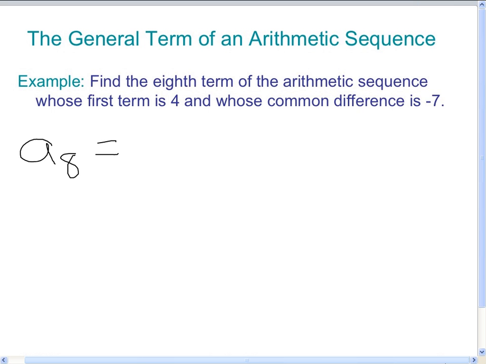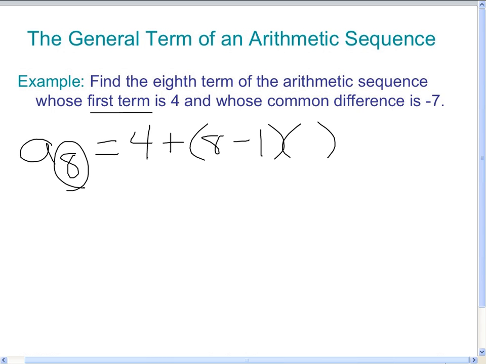So what I'm going to do is use that formula from the prior page. The first term is 4, so a sub 1 is 4. Since I want to find the eighth term, I have to take 1 away from that to figure out the number of common differences, which the common difference is -7.